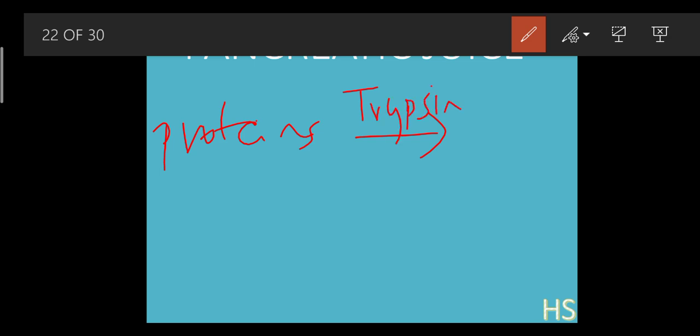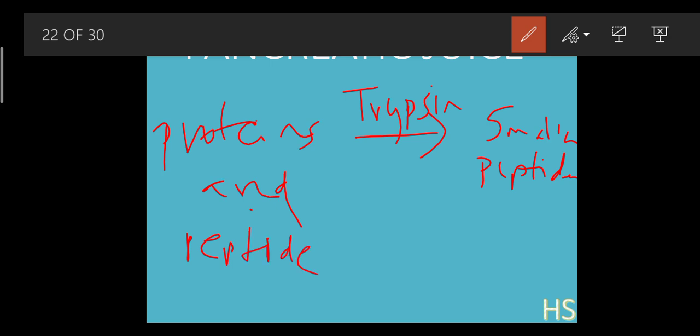Work upon these proteins to form the smaller peptides. Okay, proteins and peptides also. So it will help. See, proteins will break down into the smaller peptides, and these larger peptides will convert into the amino acids.